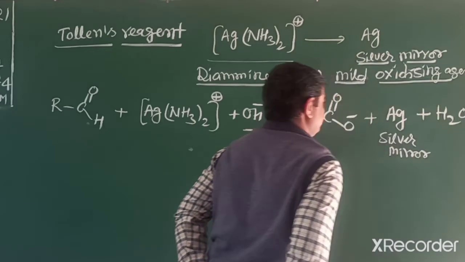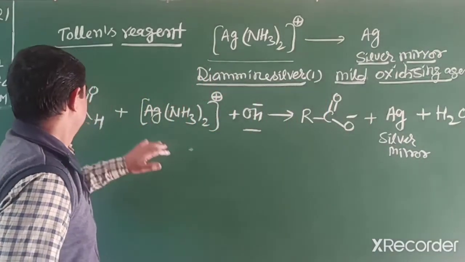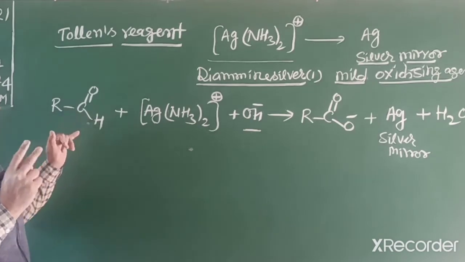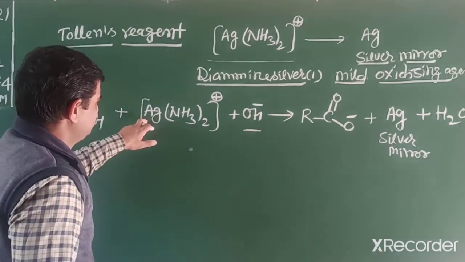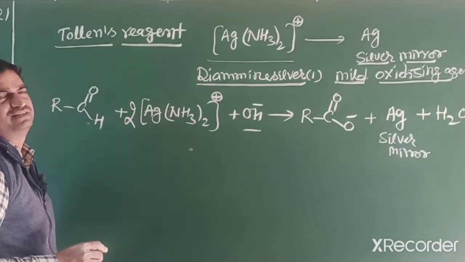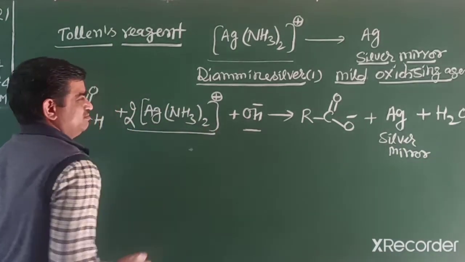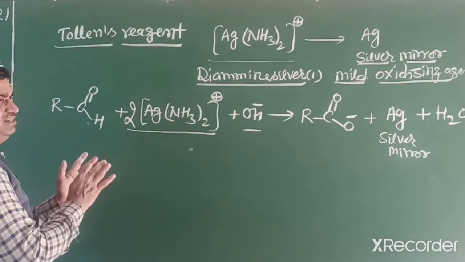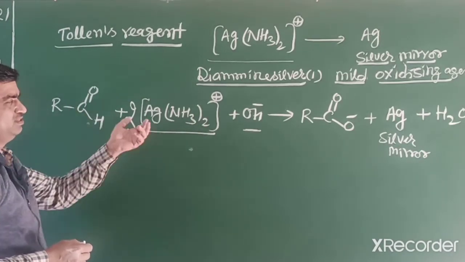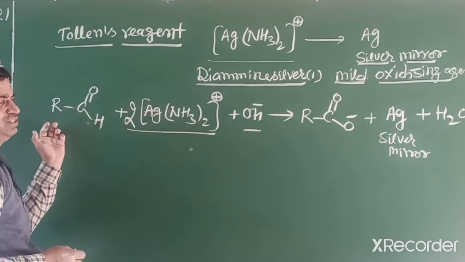If we want to balance this reaction, we know aldehyde changes into acid, so one oxygen is introduced, and one oxygen needs 2 electrons. So we need 2 moles of Tollens reagent in this reaction. To remember balancing of a reaction easily, you can balance by the redox method, because this is the oxidizing agent and this is the reducing agent.